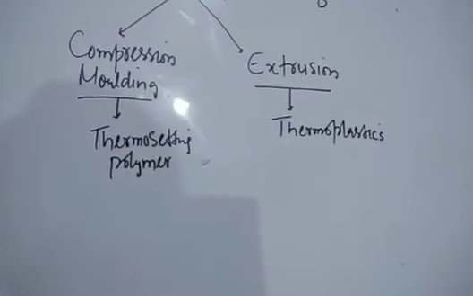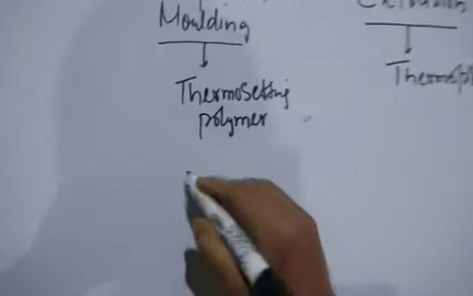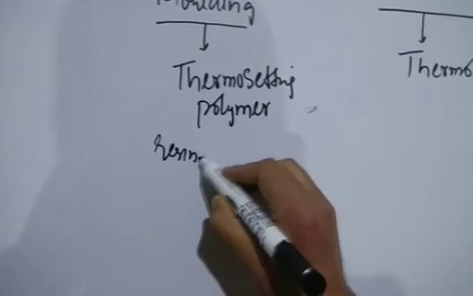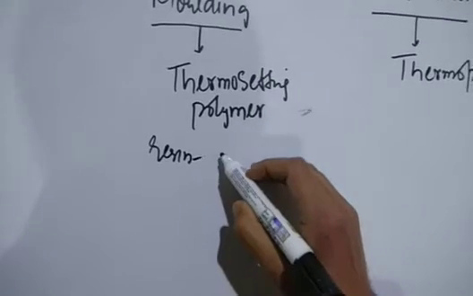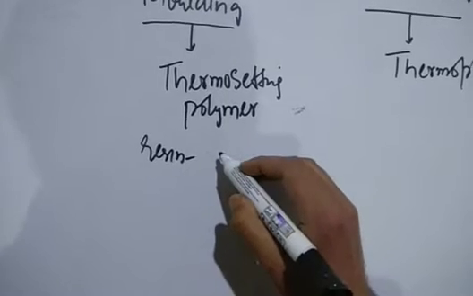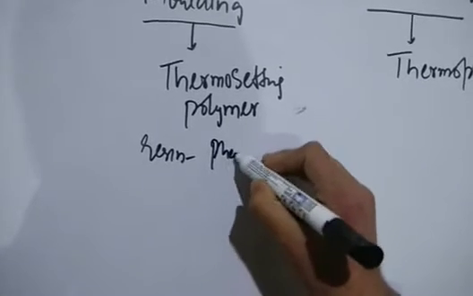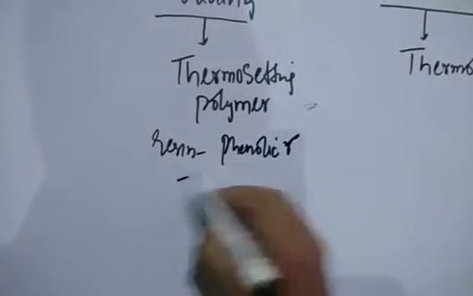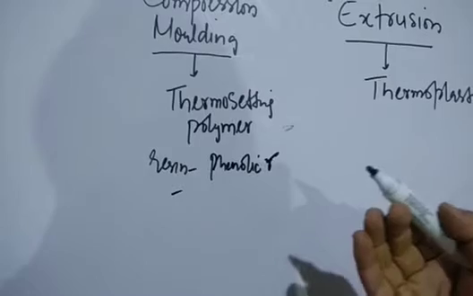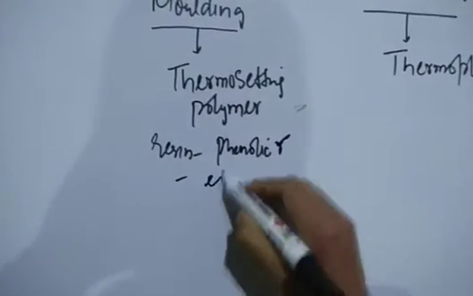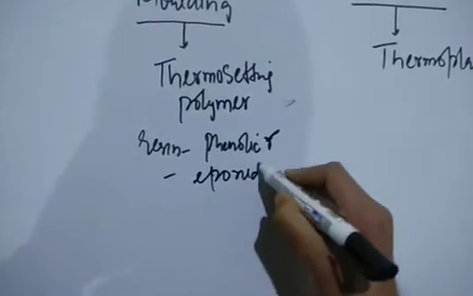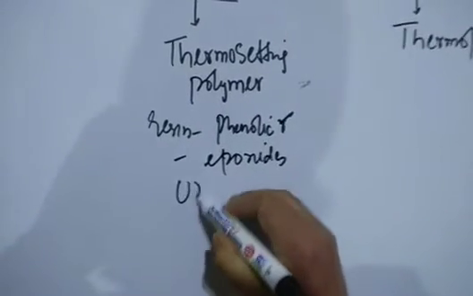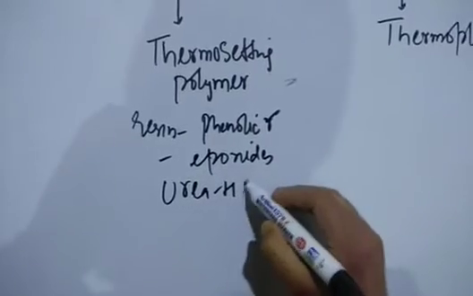Fine. Now, we know thermosetting polymers, for example, we have resins like amino resins, let us say, we have phenolic resins, like bakelite phenolic resins, or we have thermosetting polymers like epoxides, urea formaldehyde resin, amino resins.